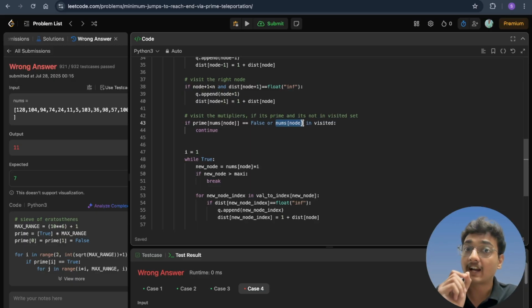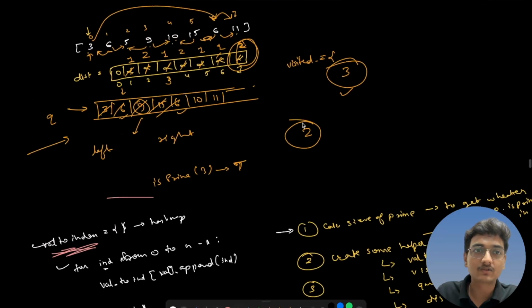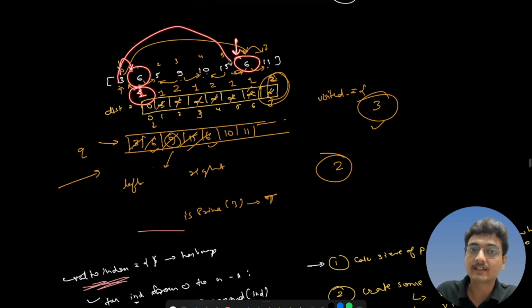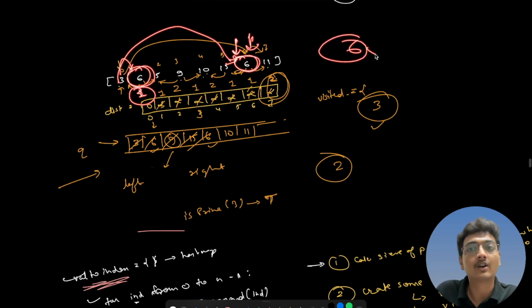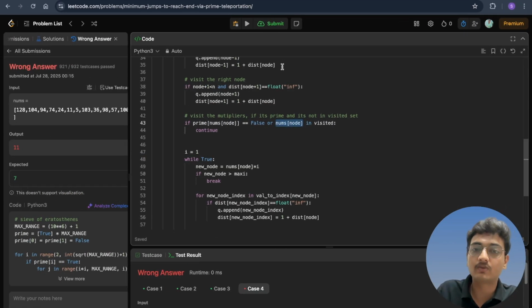And we should not add index, we should add value only. Why? Because we discussed now. So we have this 6 here and this 6 here. If we added just the one, then we would be again calculating for the 6, but this 3 is able to reach 6 and 6, both 6s, right? So I need to add this 6. Okay, this 6 is visited, so if any time in future you get 6, you don't need to visit because it is visited by 3. Okay, that's why. I hope you got it.